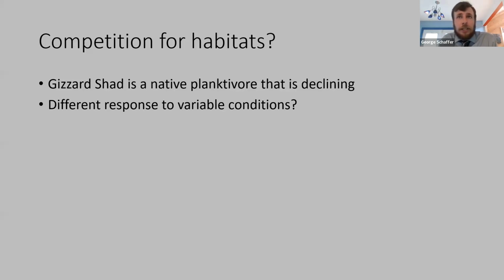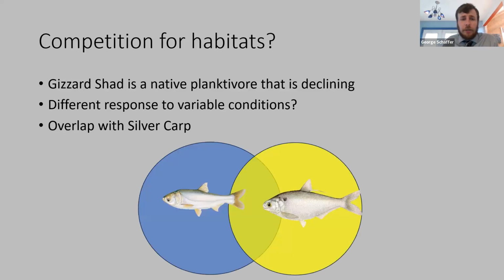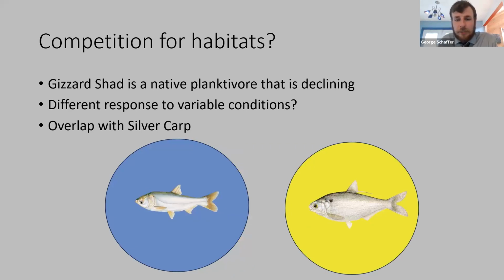However, between invasive and native species, they might respond differently to the variable conditions that persist within the Wabash. And that might allow for overlap of habitats occurring between the two species, therefore promoting competition between the two species, or it could allow for some habitat segregation, which would then limit potential competition occurring between the two species.